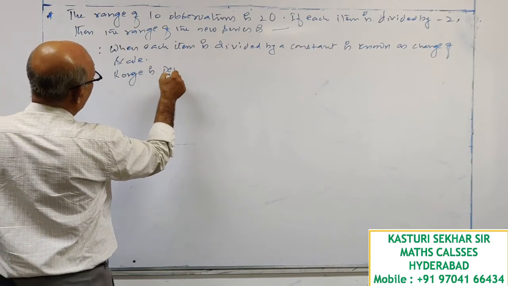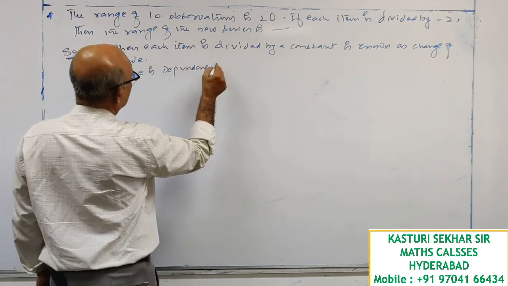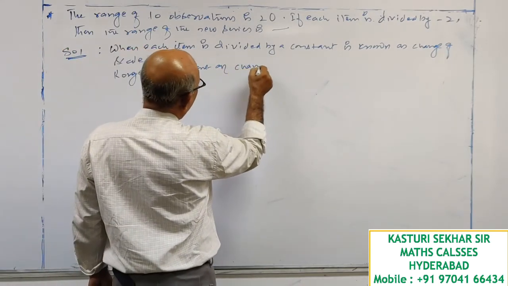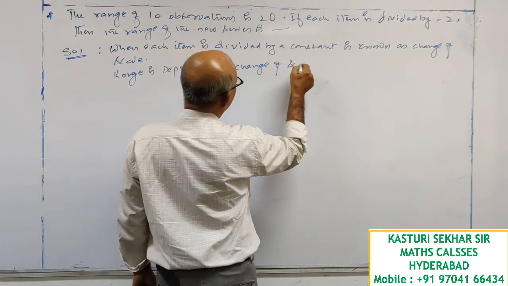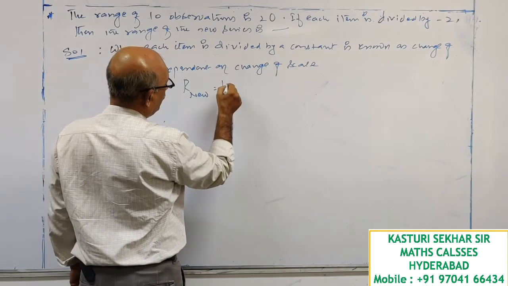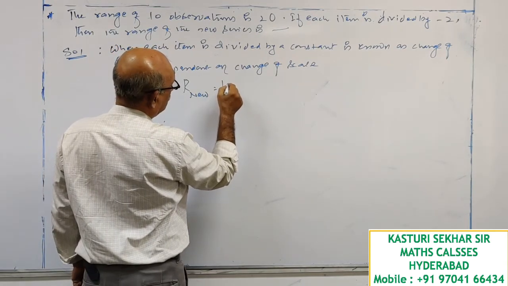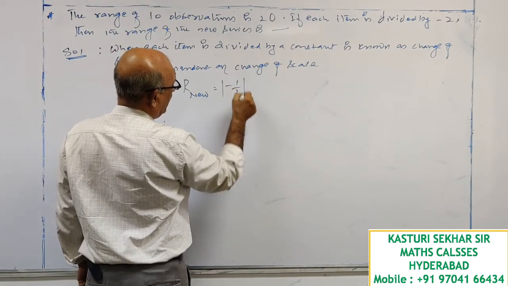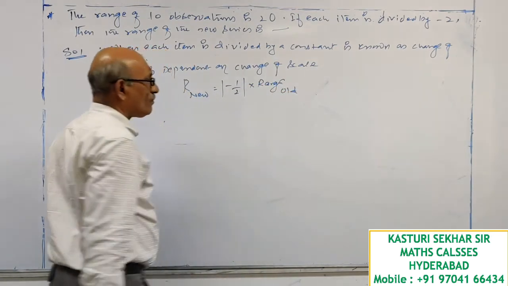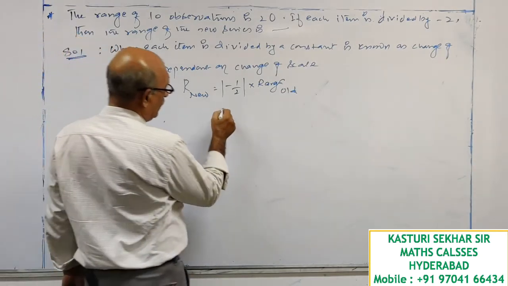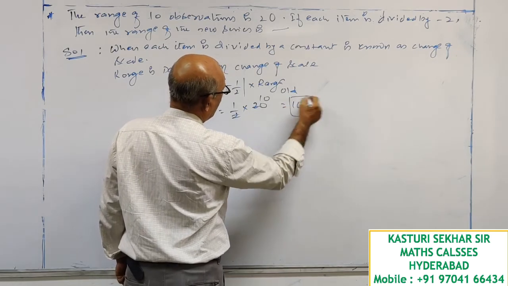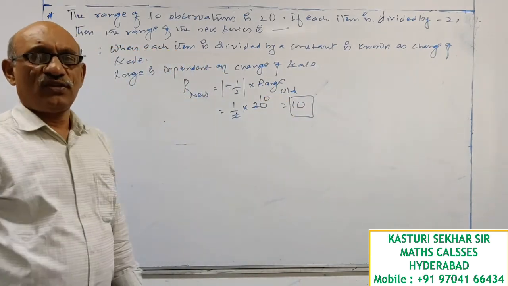Range is dependent on change of scale. Range of new series is equal to modulus of -1/2 times range of old series. So this is equal to 1/2 into 20, which is equal to 10. Range of the new series is equal to 10.